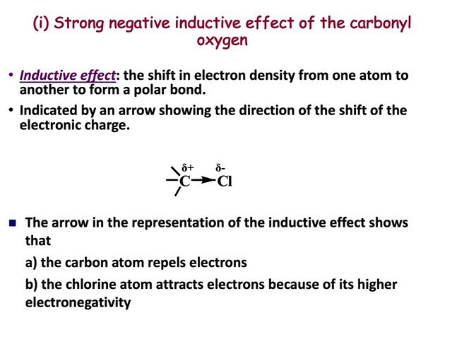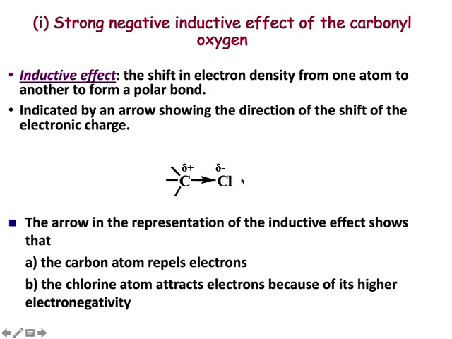electronegativity. As you can see here, the arrow of the inductive effect. This carbon is highly electropositive, and then we draw the electronegative group, which is a halide group. The arrow representing the inductive effect shows that first, the carbon atom repels electrons, and second, the chlorine atom will attract electrons because of higher electronegativity.